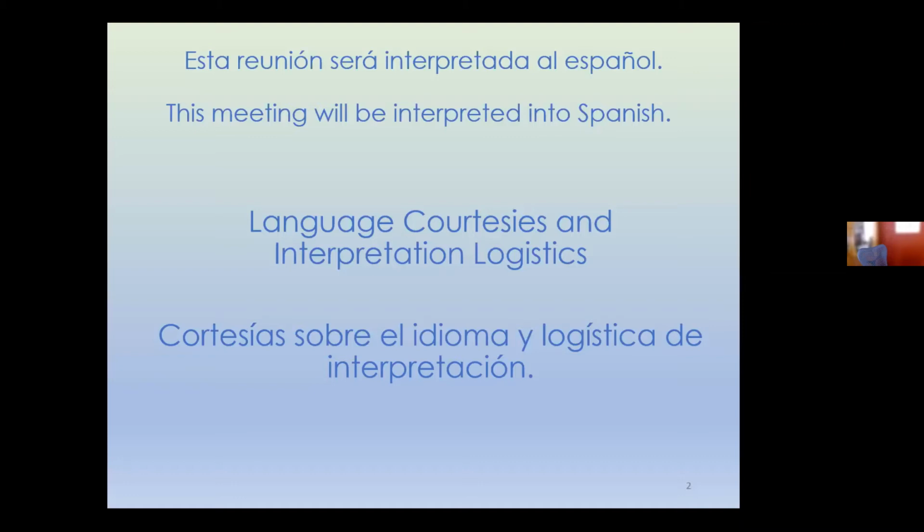And Miko, could you turn interpretation on now? Miko, si puede. Okay, interpretation has been turned on. Thank you. We will pause here for a moment while everyone is selecting their preferred language. Kevin, next slide, please.